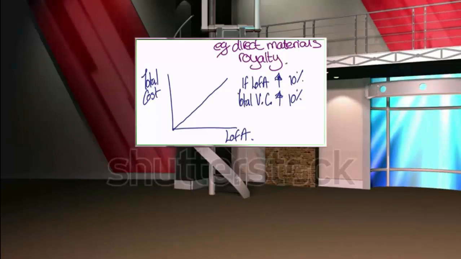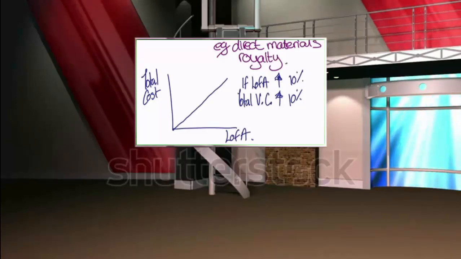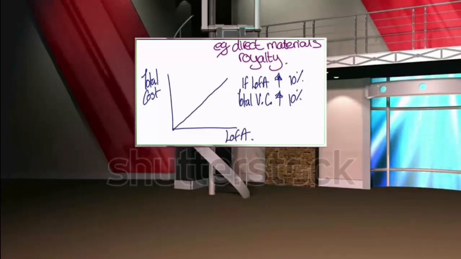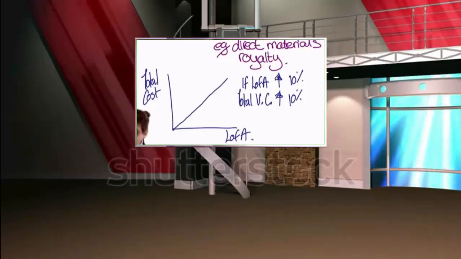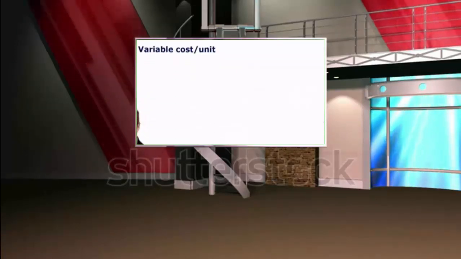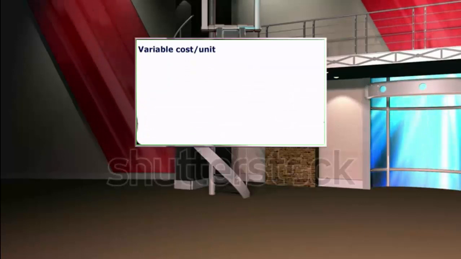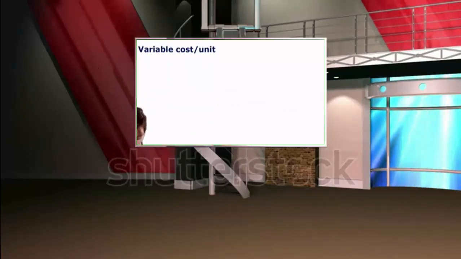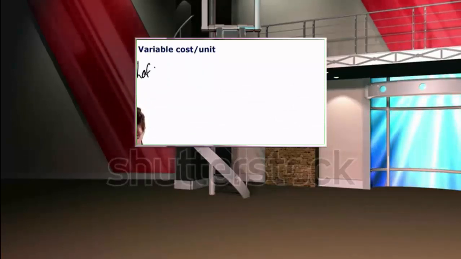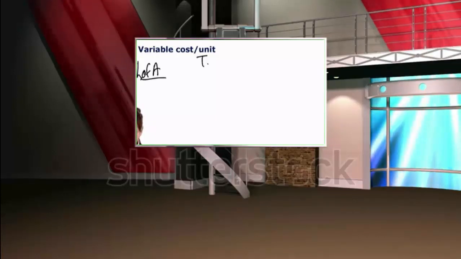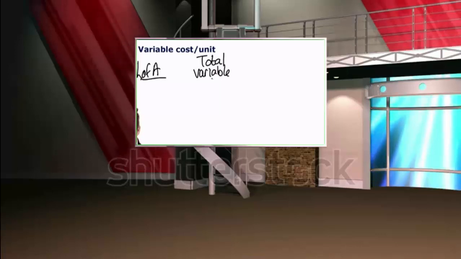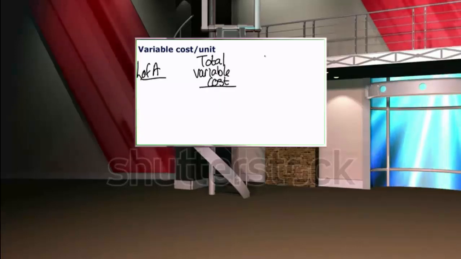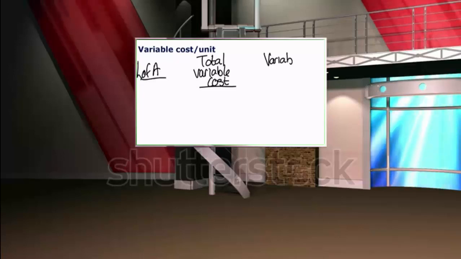Likewise, if level of activity decreases, then our variable costs in total will decrease as well. What about our variable cost per unit? Well, just like we did with fixed costs, let's look at, for a number of different levels of activity, what our total variable cost will be and what our variable cost per unit will be.